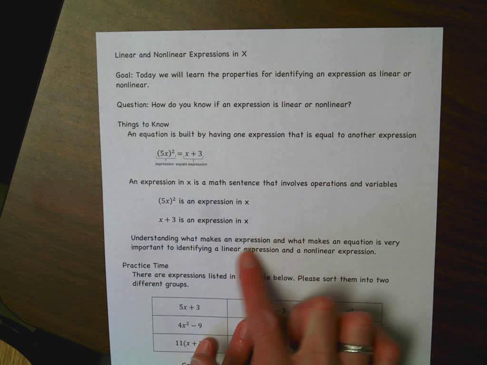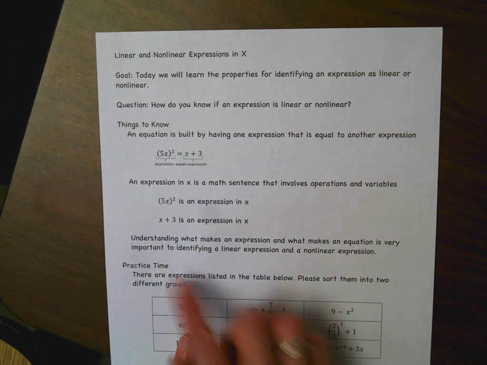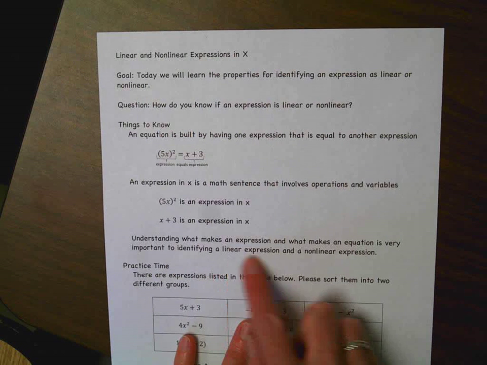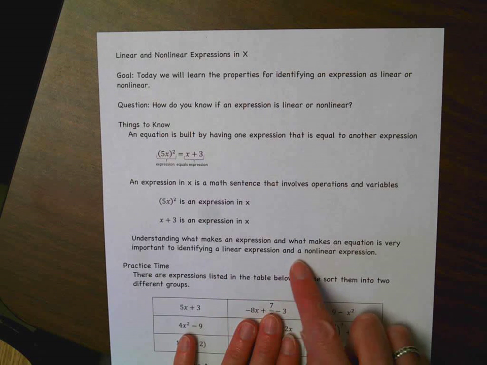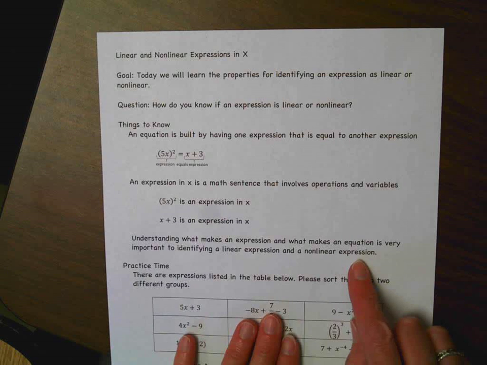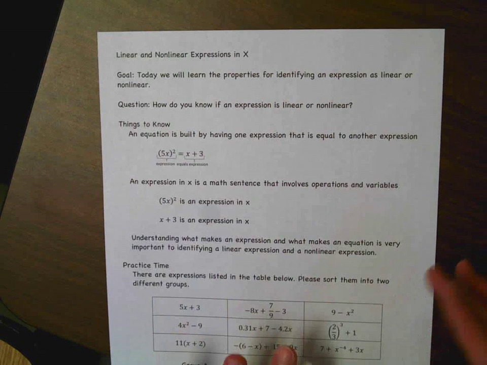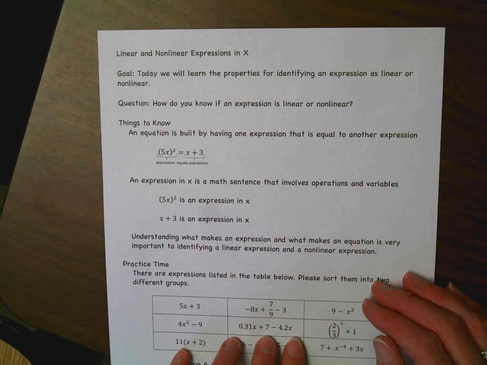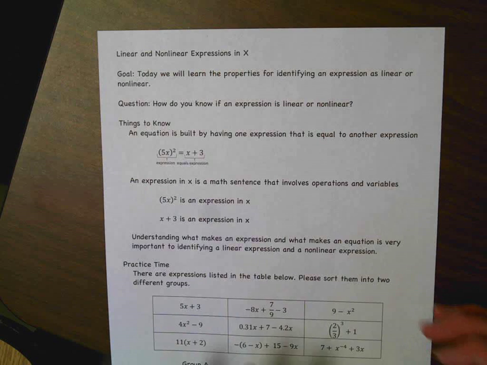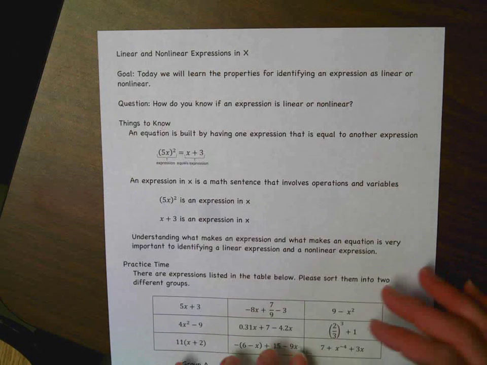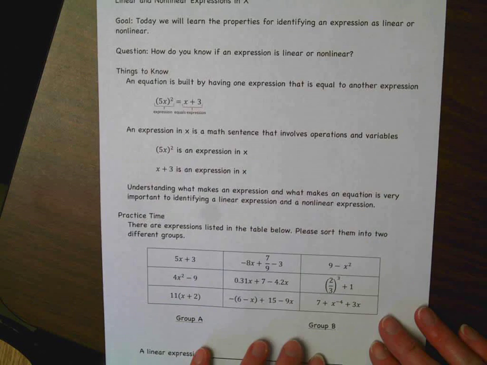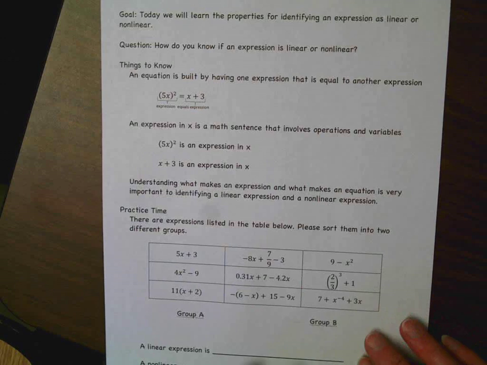So understanding what makes an expression and what makes an equation is very important to identifying a linear expression versus a non-linear expression. What we're looking for are things that are telling us what x equals.